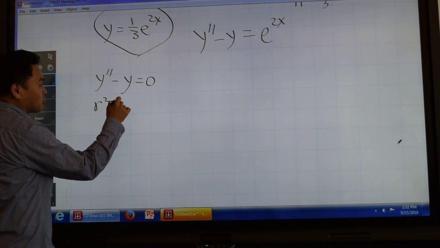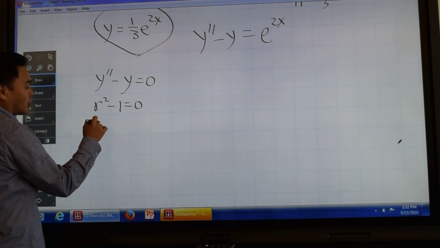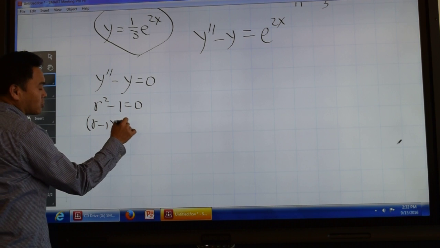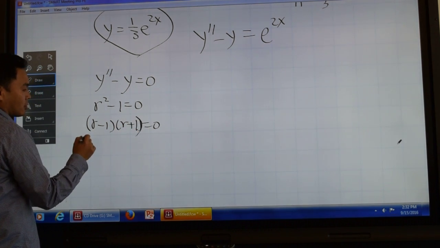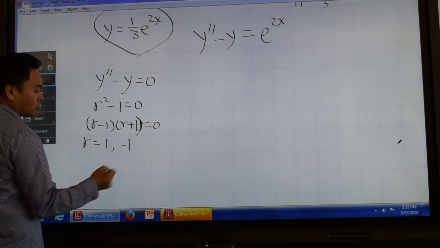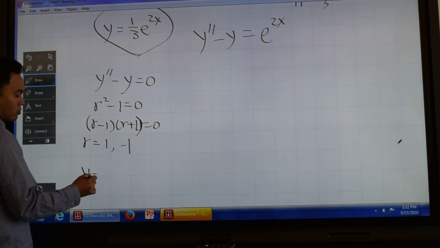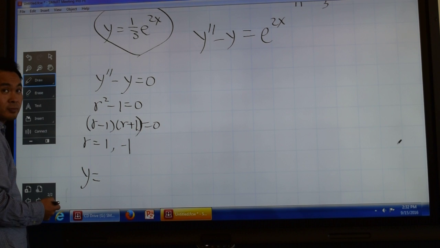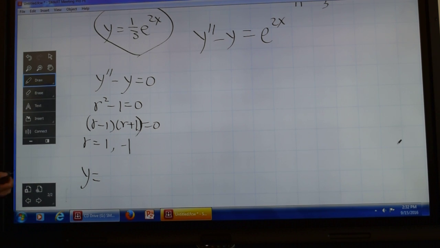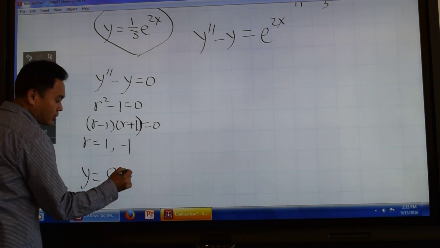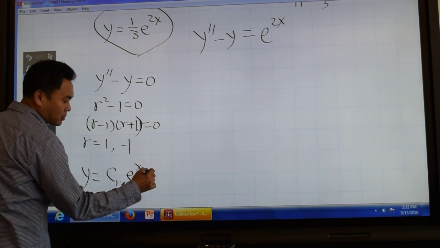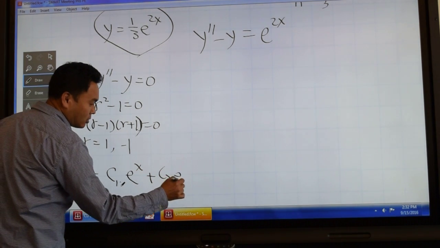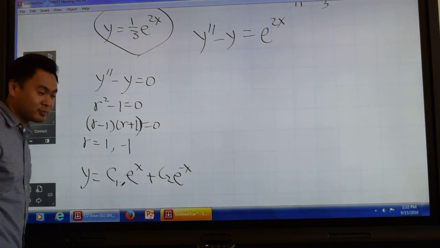R squared minus 1 equal to 0. R minus 1 times R plus 1 equal to 0. So you get R equals 1 and negative 1. So what's the general solution? C1 e to the x plus C2 e to the negative x.